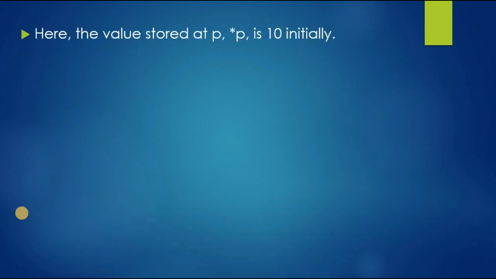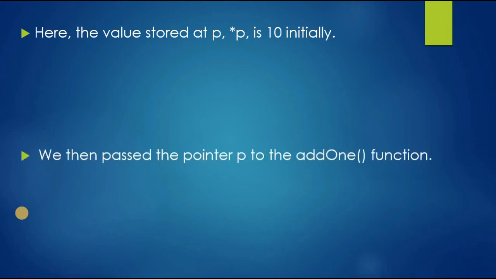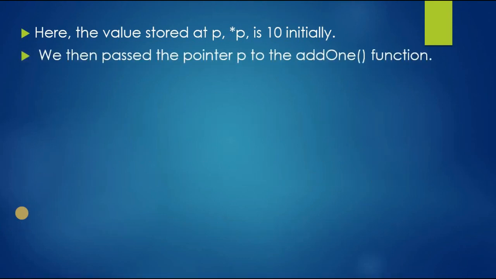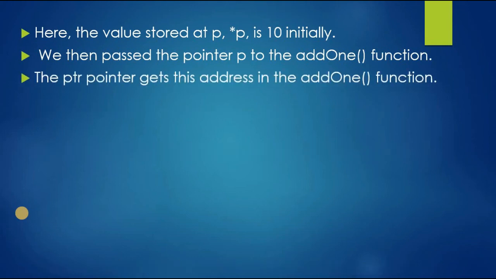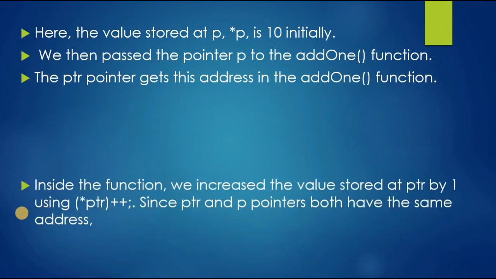We will see here the value stored at pointer p is initially 10. Then we passed the pointer p to the add1 function. The pointer ptr gets this address in the add1 function.